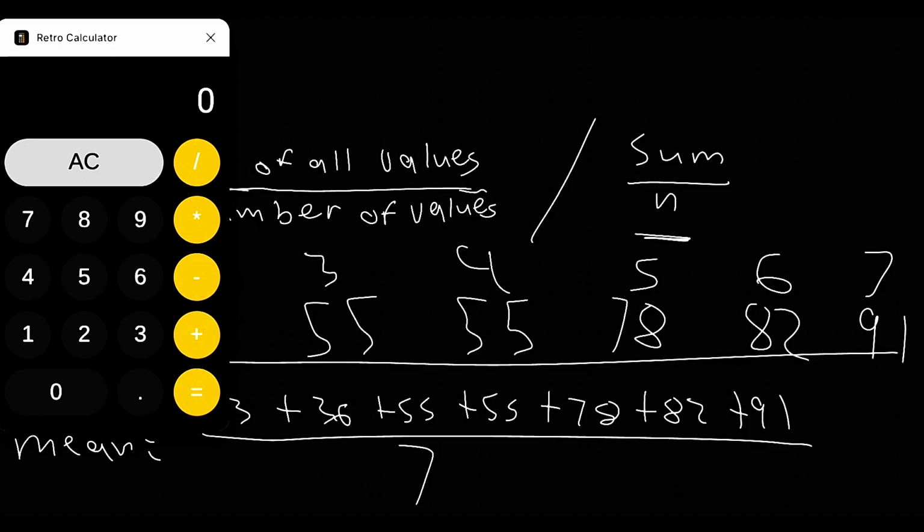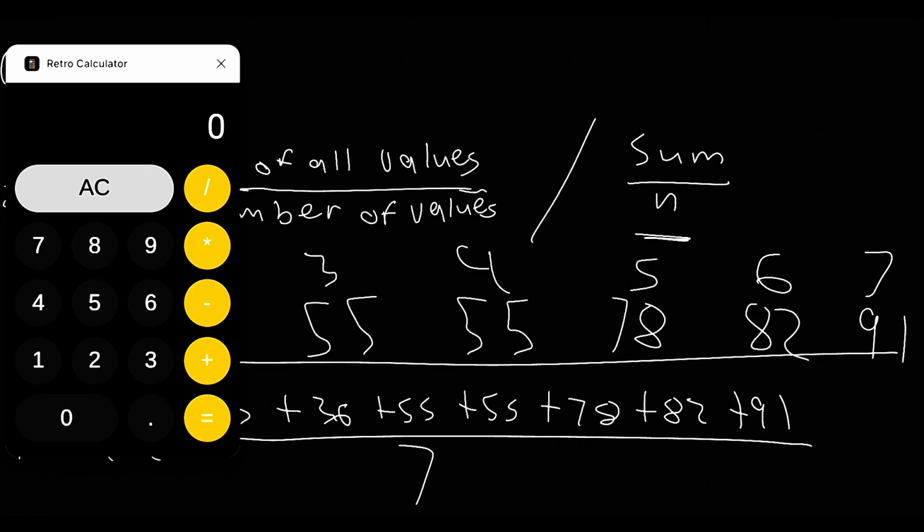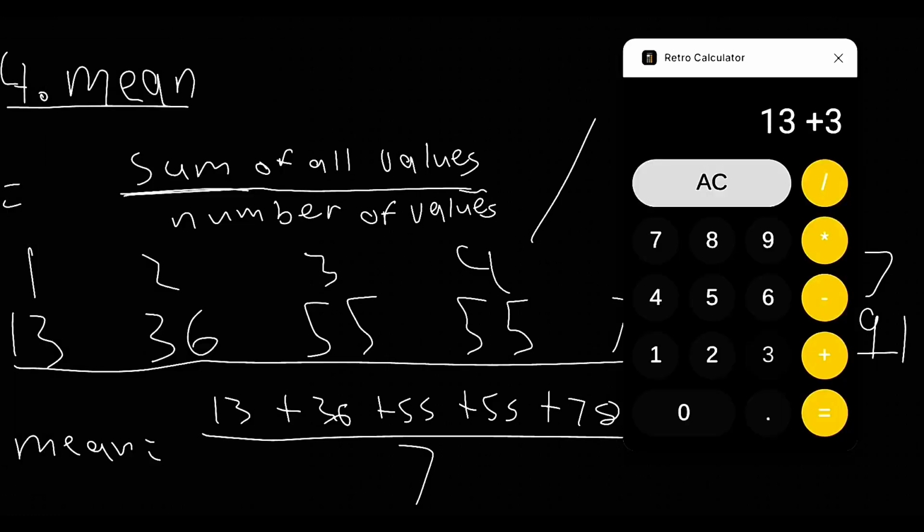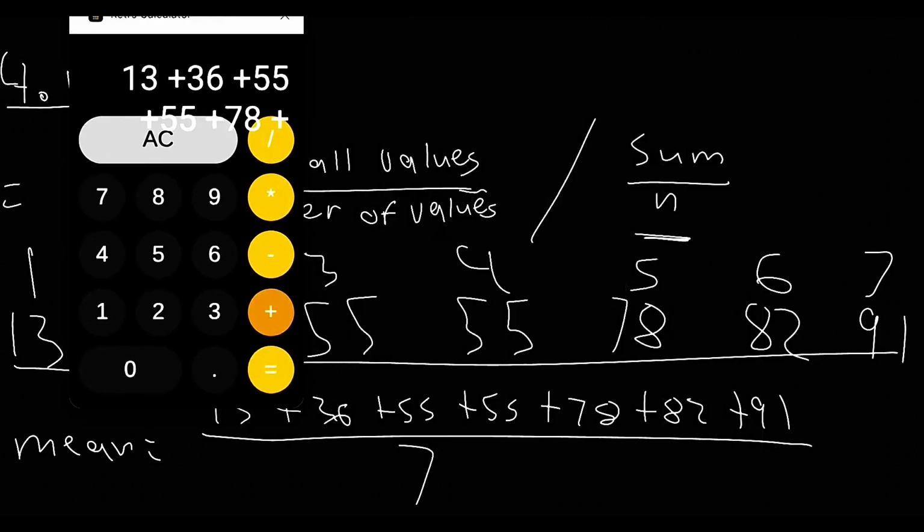Most of the time, questions like these will require a calculator. Even though it is simple addition, it will most likely need a calculator just to speed things up. So I have 13 plus 36 plus 55 plus 55 plus 78 plus 82 plus 91, and then it gives me that number, and then we just divide it by 7.